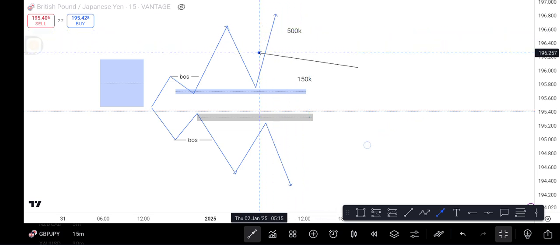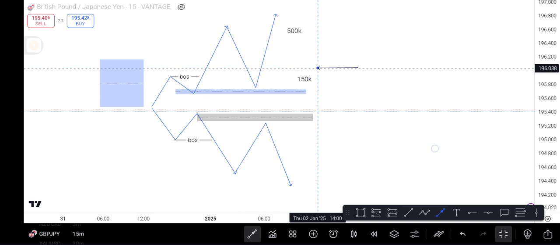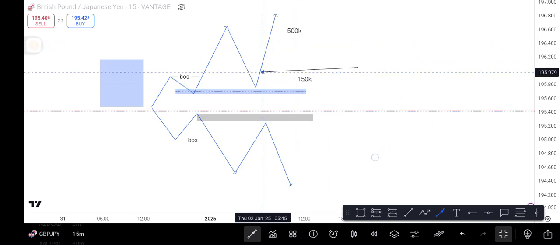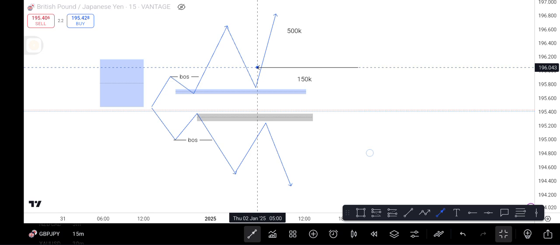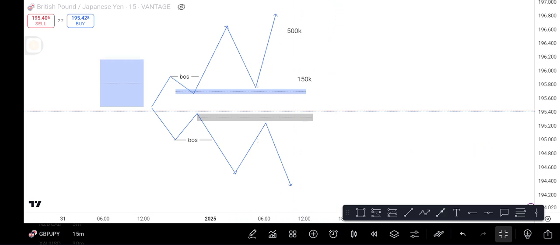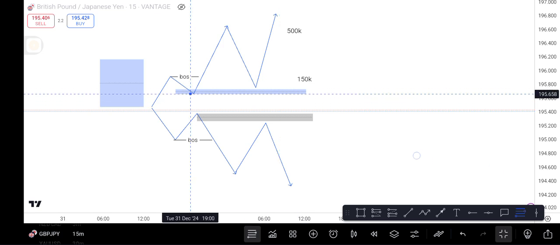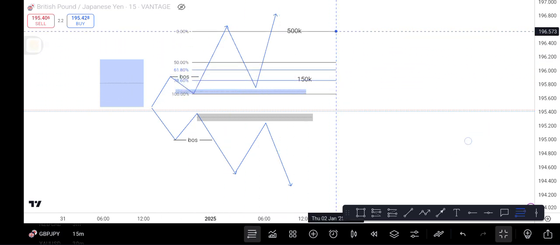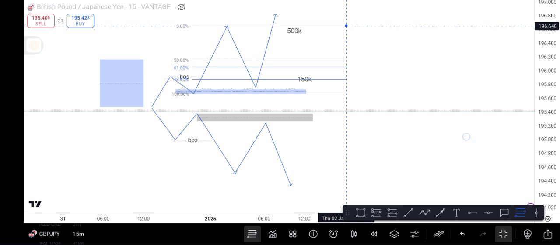So this concept of demand is what we apply to our trading strategy. Technically, when we are using supply and demand, we are using a concept known as premium and discount levels.